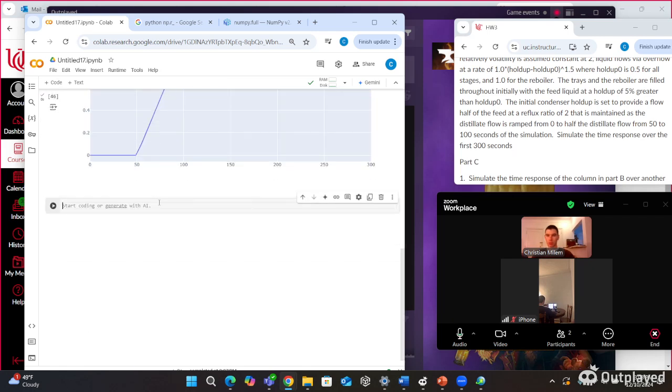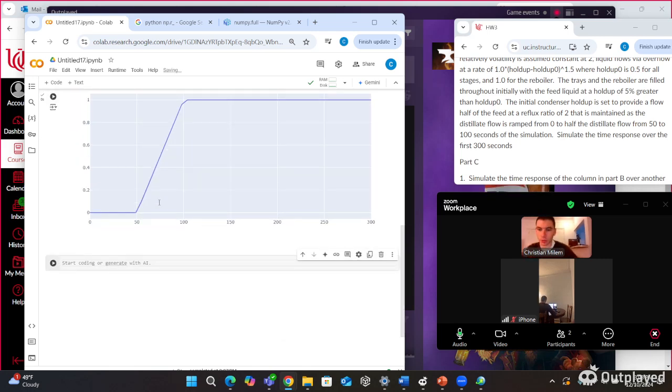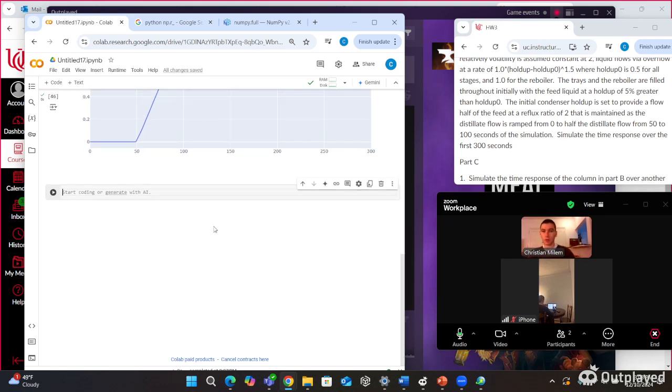Now we'll go on to actually defining our values for our differential equations. So we need some kind of function for our differential equations of our molar flow rate and our liquid composition of our more volatile compound.